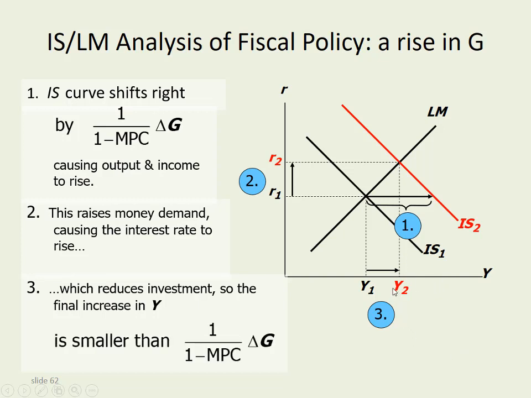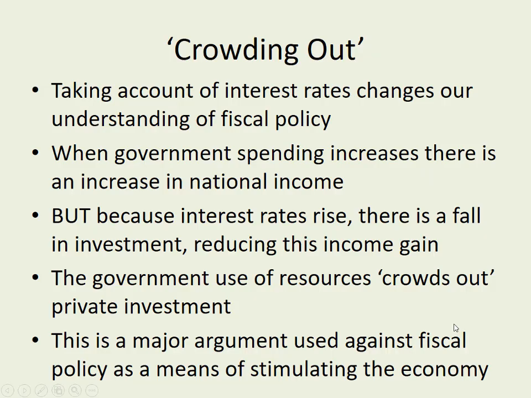So the actual increase you get is smaller than the multiplier predicts, because of that loss of investment due to the high interest rates. This is a much more sophisticated analysis than the simple Keynesian cross one, because it takes into account the change in interest rates, which, as we know, is really important in the economy. This is known as crowding out.